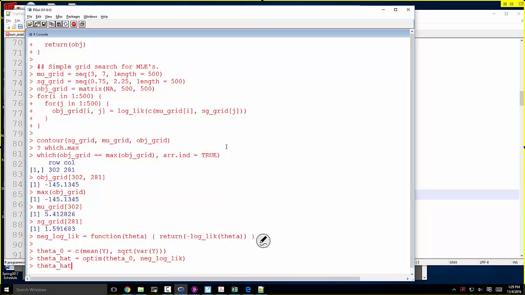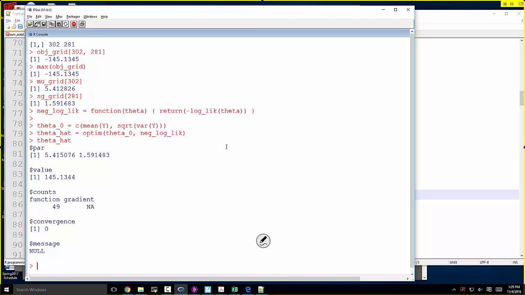Notice that that took virtually no time at all, whereas the loop that I had up above took a few seconds. All right, so according to optim, the maximized log likelihood is minus 145.1344. We computed with our grid search almost the same thing.